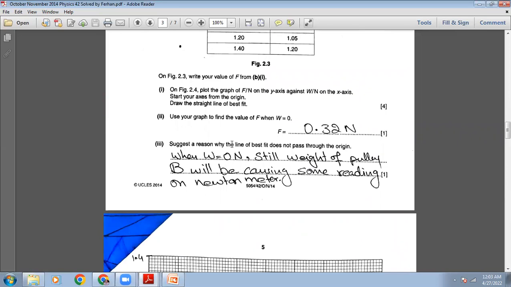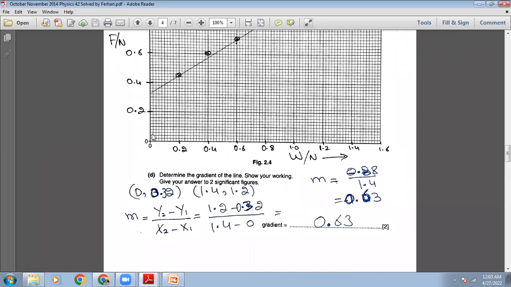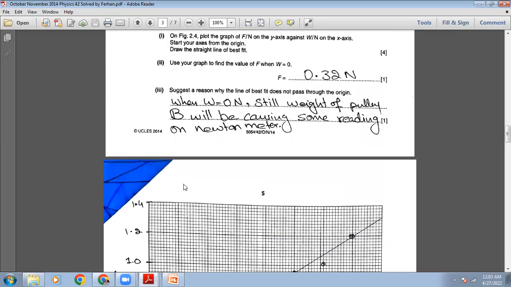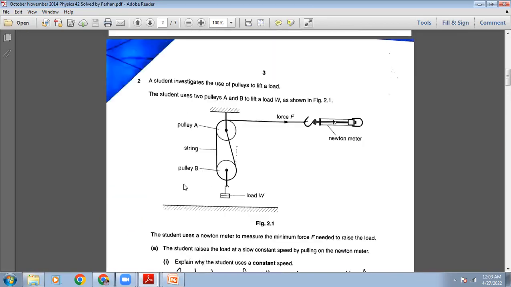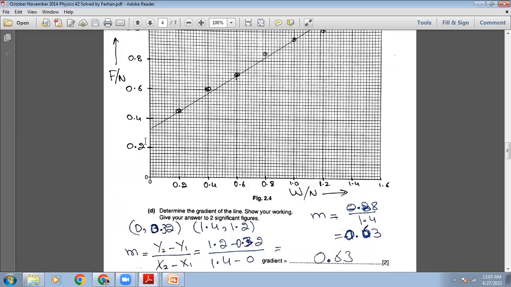Then the question is, suggest a reason why the line of best fit does not pass through the origin. This is not passing through the origin. The reason is when W is 0, when there is no weight hanging with the pulley, still you have to apply force to lift the load of the pulley B. If the load is 0, still you have to bear the weight of the pulley B. So at 0, 0, the graph will not pass through 0, 0.